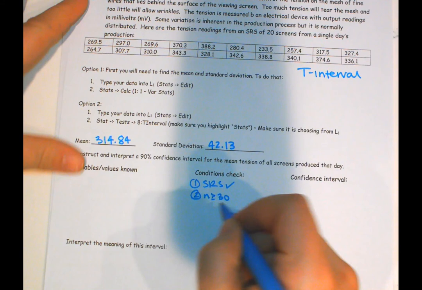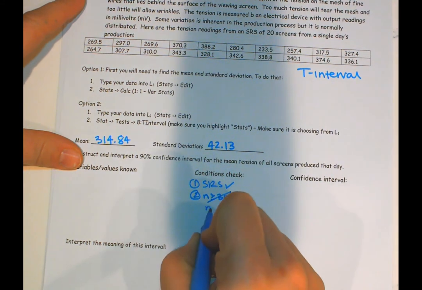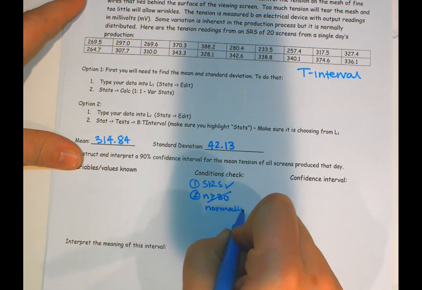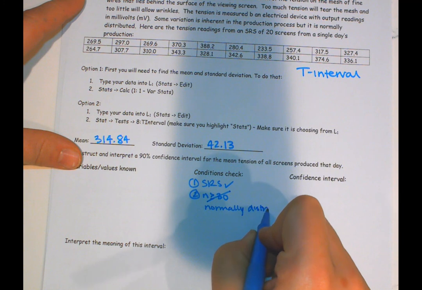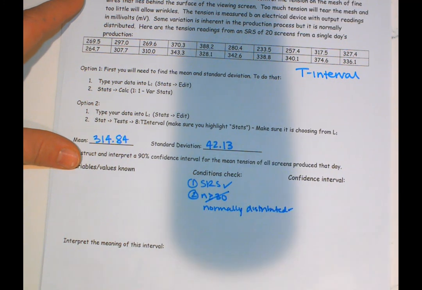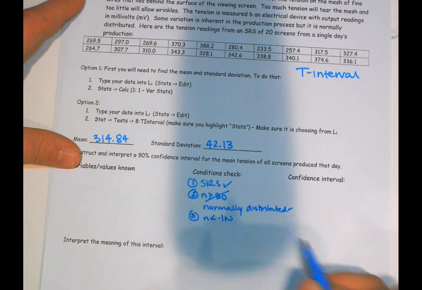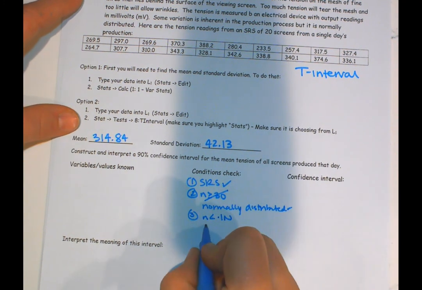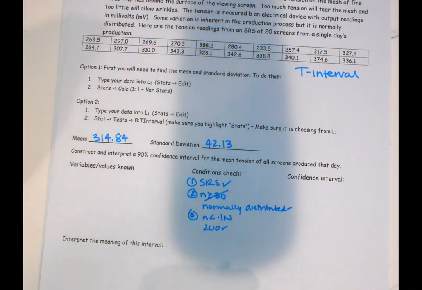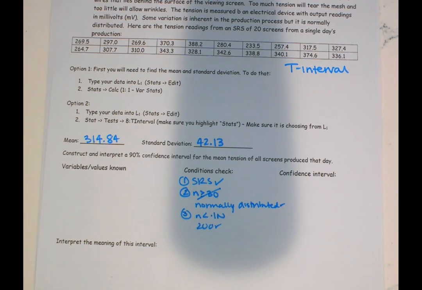So even though n is not greater than or equal to 30, it is normally distributed, so we can go ahead and still check this condition and move on. And then if we want to check that our sample size is appropriate, we have 20. It's safe to say that they probably have more than 200 of these rods, tension wires, going out at a time.